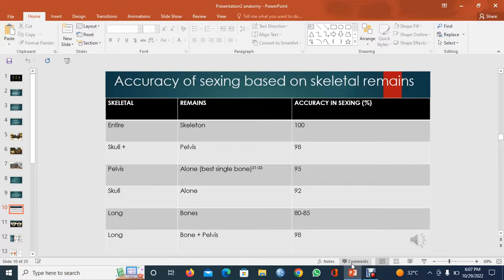Then the pelvis alone, also known as the best single bone for determination of sex, about 95%. Skull alone, some 92%, whereas with the long bones we can reach up to 80 to 85%. And if we have long bones plus pelvis, or the lower limb, then we can reach an accuracy of about 98% again.